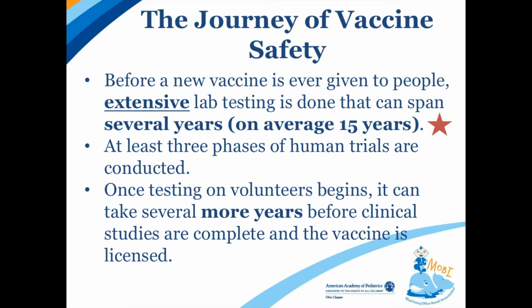Before a new vaccine is ever given to people, they do extensive lab testing. And this lab testing could take several years. On average, it takes about 15 years. So this company might come up with this vaccine, and then it gets tested for 15 years before ever going to the population. So it's not like there are delayed effects. Over those 15 years, they are monitoring everyone that's gotten it.